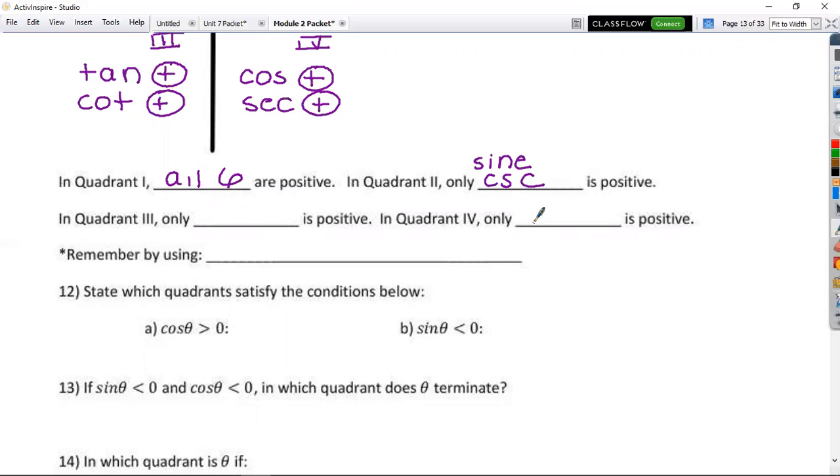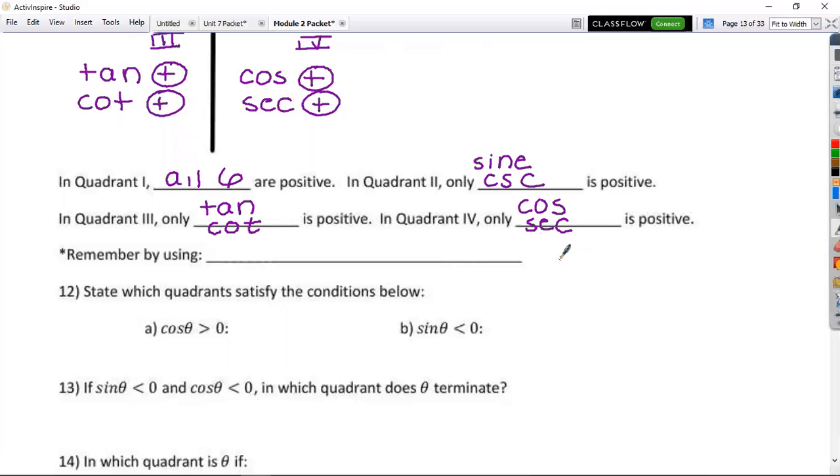So I'll add that too. In quadrant 3, only tangent. And tangent pairs up with cotangent as well, so don't forget about that guy. And then in quadrant 4 is cosine. And cosine goes with secant.